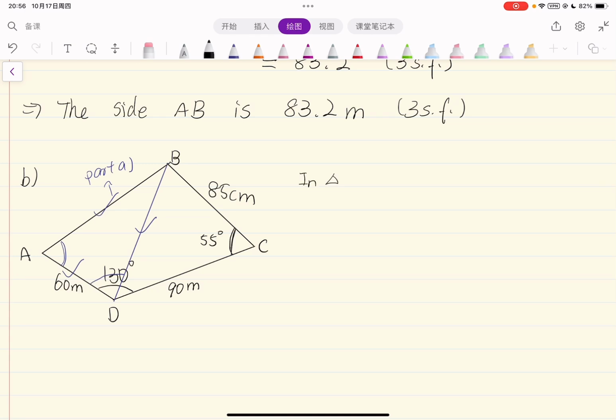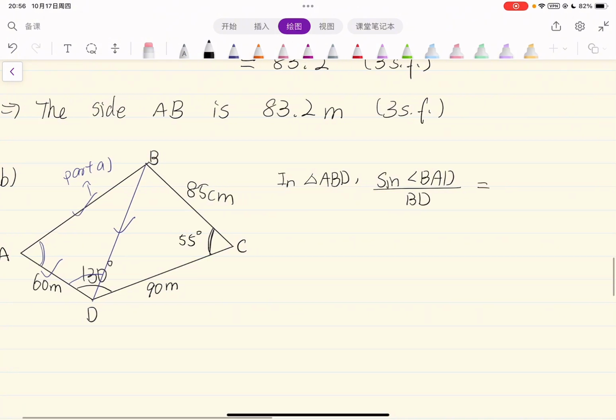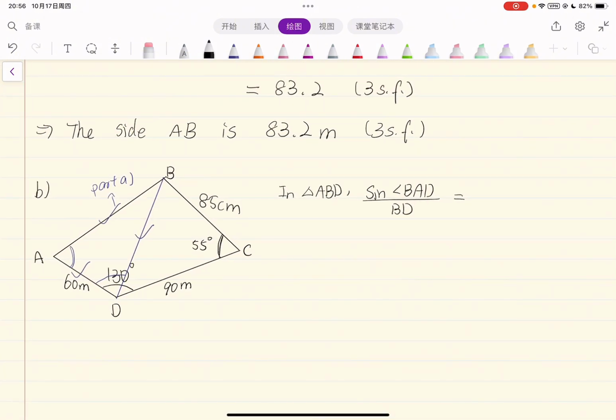In the triangle ABD, sine angle BAD over its opposite side BD equals, we know the angle BDA, so that is sine angle BDA, the opposite is AB, so over AB.